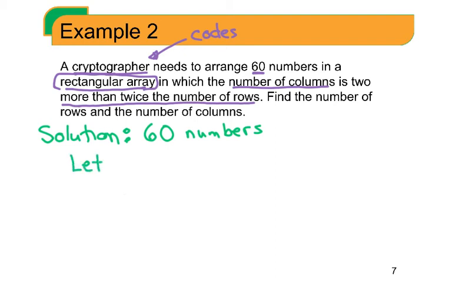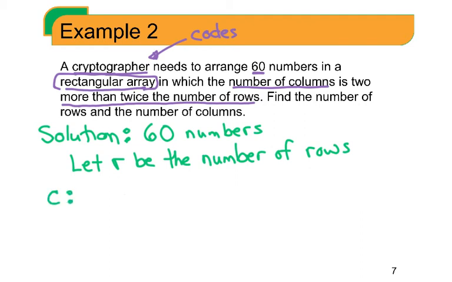Let R be the number of rows. We have to choose a variable; it doesn't have to be R. And then C can be the number of columns.